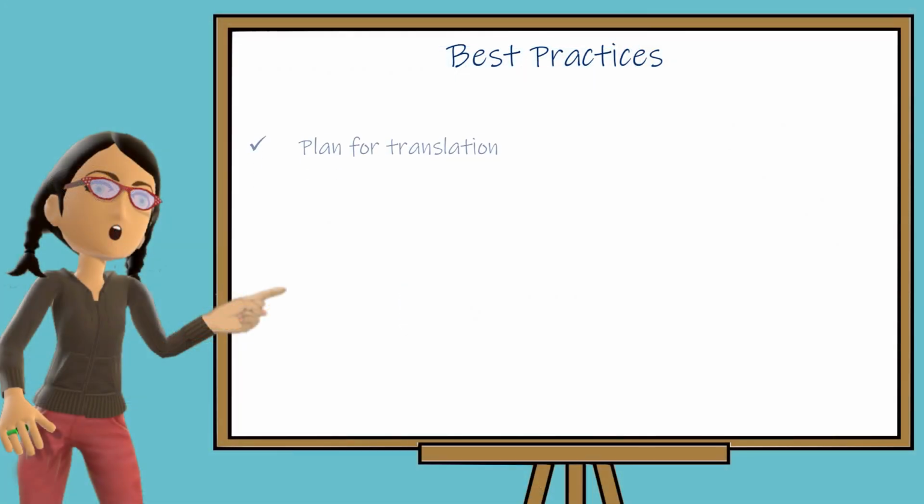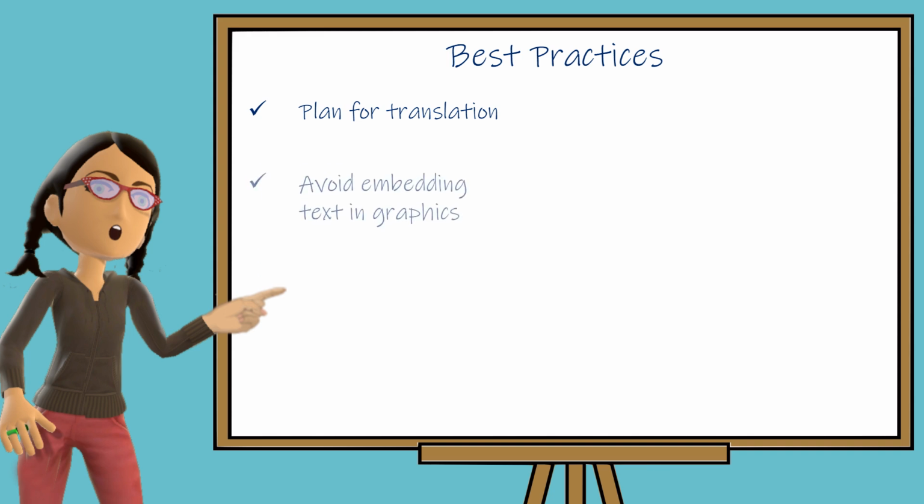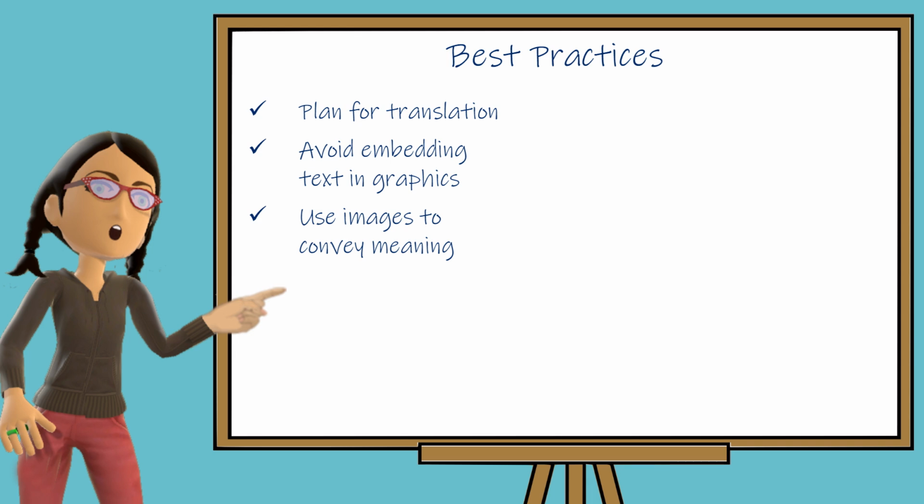It's always best to plan your document or courses as if they'll be translated. Other best practices for graphics include avoiding embedding text in graphics, using images to convey meaning, and if you must have text in the graphics, using the text box features in the software so that the text can be easily extracted, translated, and replaced.